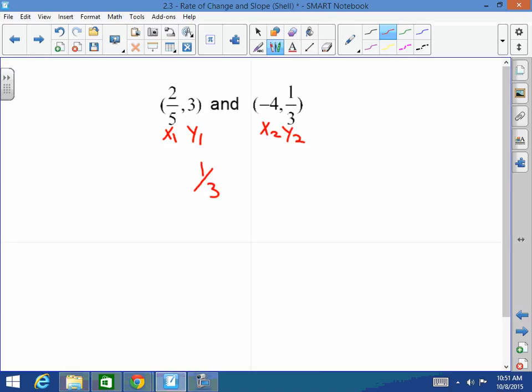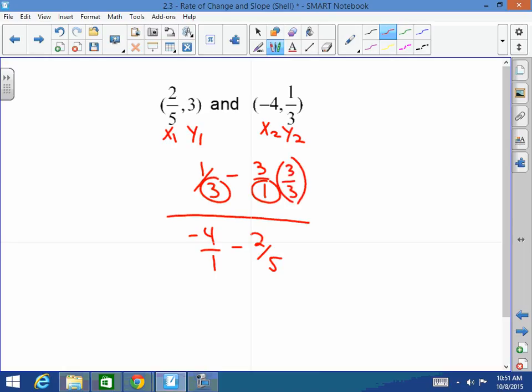This is x1, and again, thank you for your honesty, sir. y2 minus y1 over x2 minus x1. The common denominator between 3 and 1 here is 3. So I have to multiply 3 over 3 to this. Why? Because I want the common denominator to be 3. So this is 1/3 minus 9/3. I don't multiply anything to this guy because I already have a denominator of 3 there, my brother.